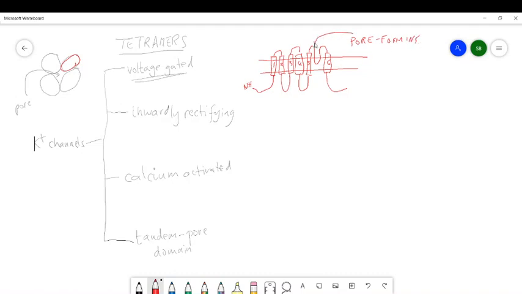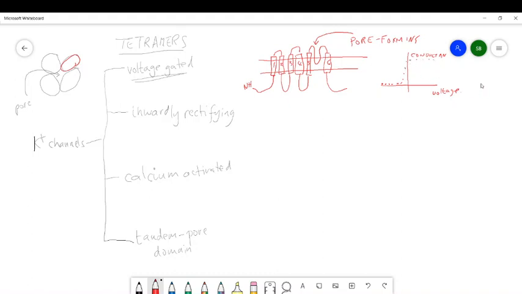So they're voltage gated, which means that if you record their conductance against voltage, typically what you find is that they don't conduct at negative potentials, but then as you get more and more positive potentials they start to open.